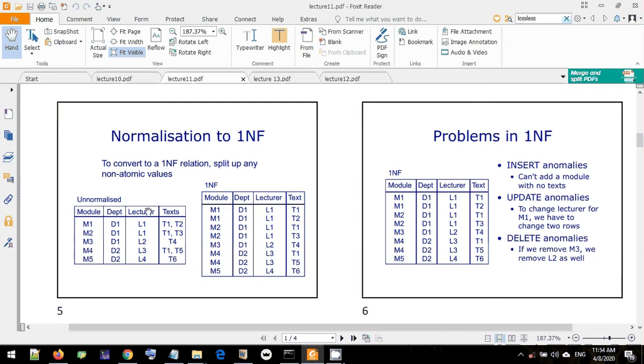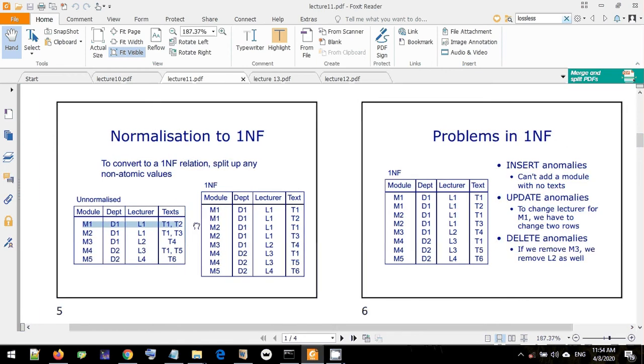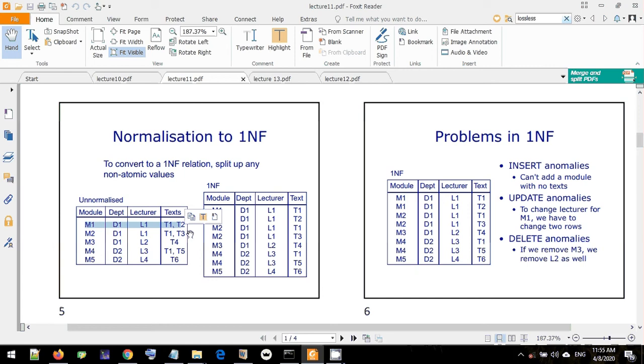We'll just have to produce another relation. Maybe we'll call the relation first normal form, having the same scheme, which is the set of attributes that define the various columns: module, department, lecturer and text. We'll start with the first tuple, m1 d1 l1 t1 t2. Now you see that in the column text we have a composite value, the t1 t2, and that's what we're going to change.